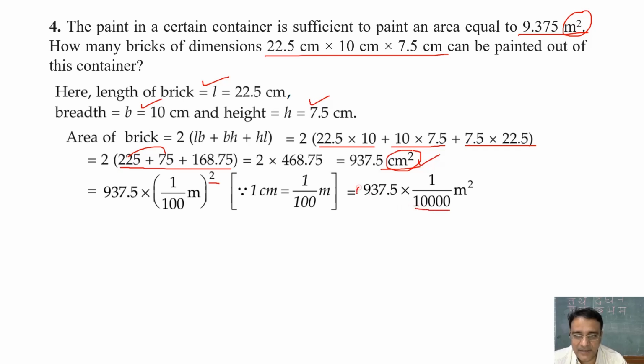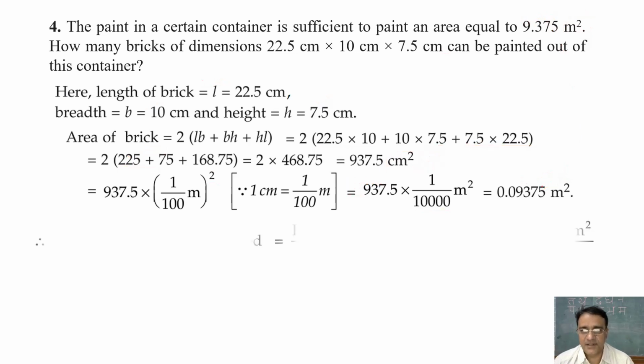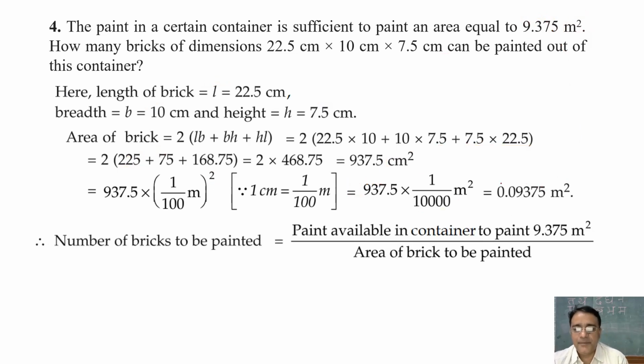So 10,000 means here, see where the decimal will come. 4 places, 1 2 3 4, okay, clear? Yes, sir. Any doubt? No, sir. Now we will divide this by this, then we will get the total number of bricks. So number of bricks to be painted is paint available in container to paint this one upon area of brick to be painted.